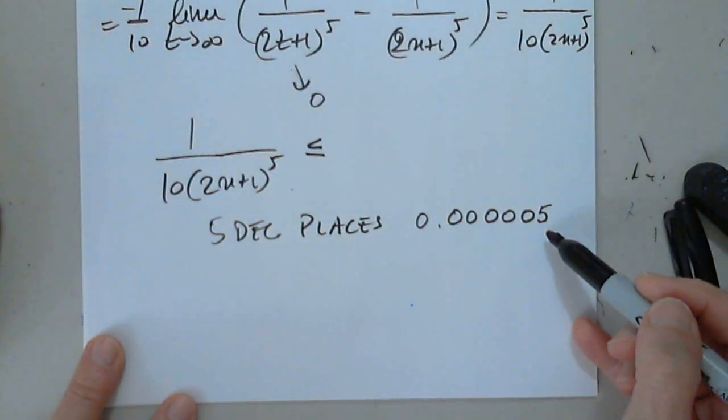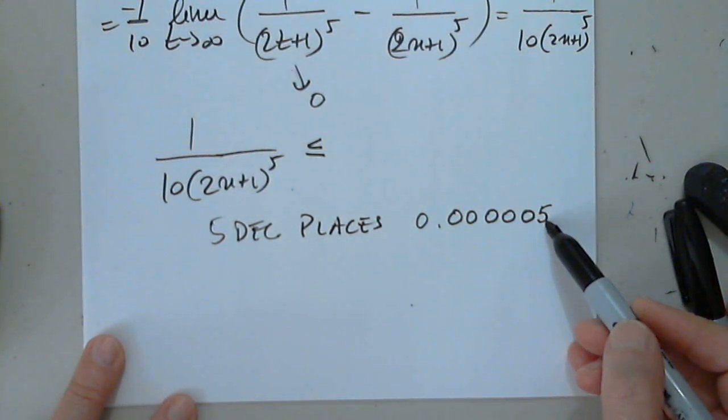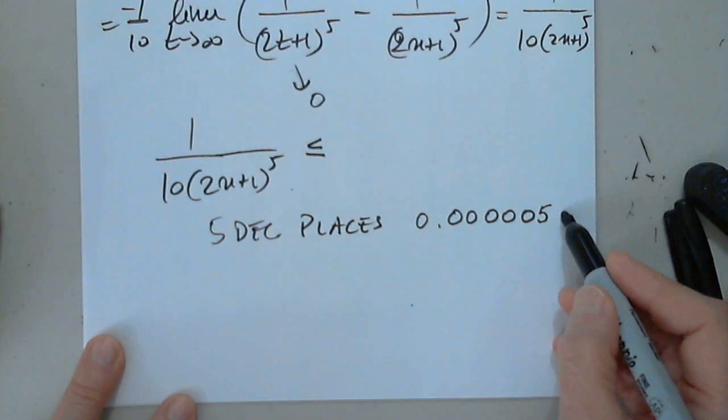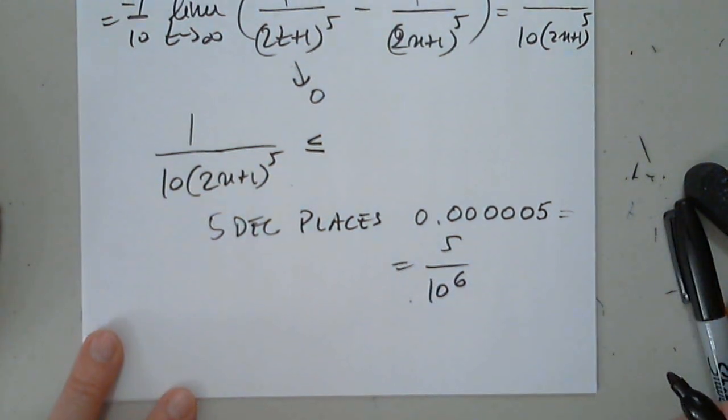It could be 5, 6, 7, 8, or 9. That's why we have to start at 5. So this is basically 5 divided by 10 to the 6th.